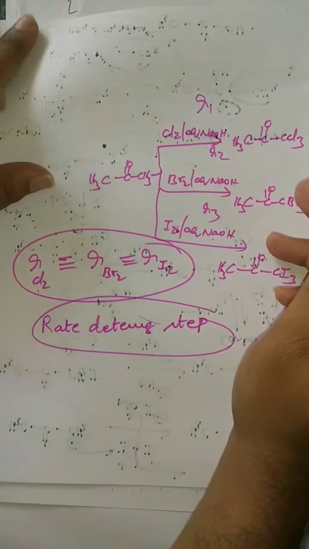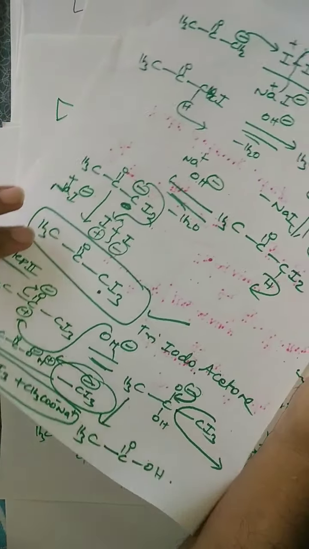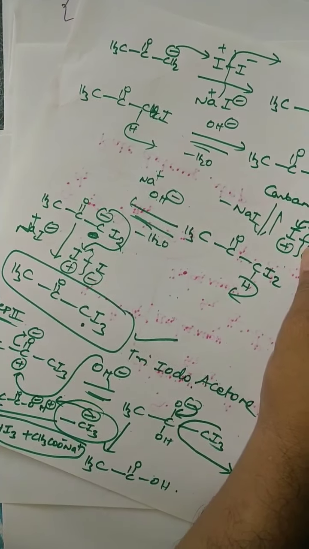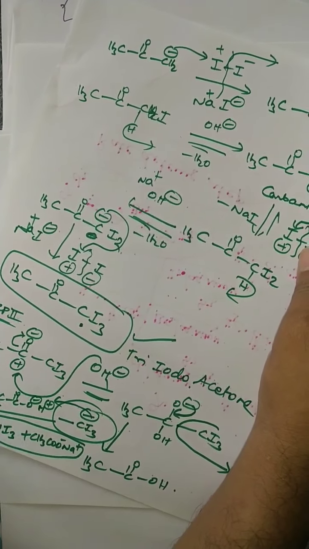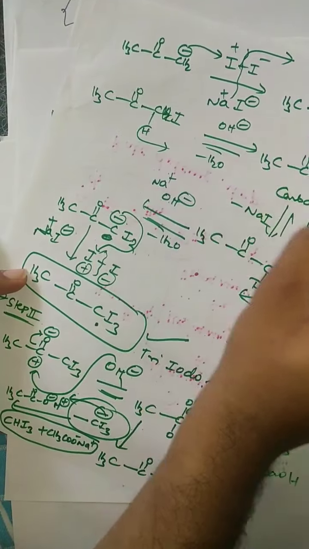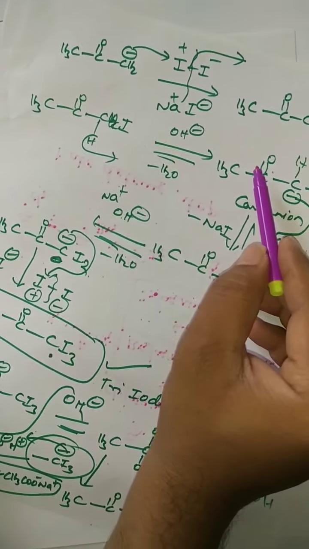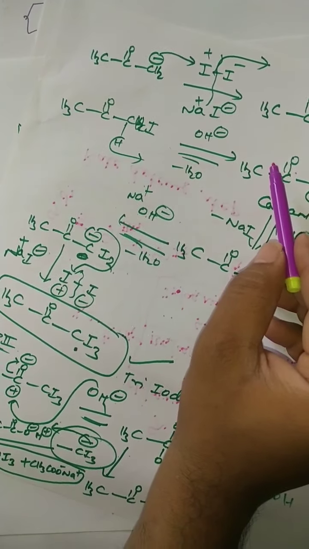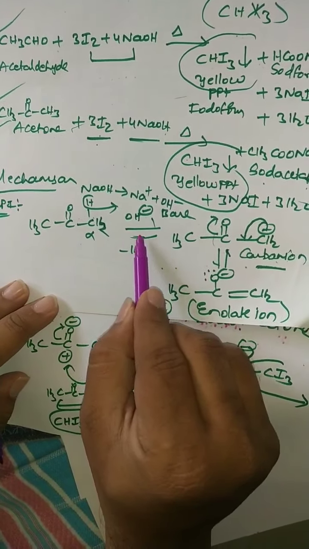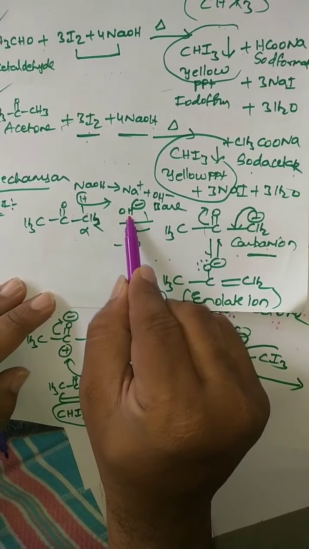If you observe the mechanism, what is the rate determining step? It is the first step, step 1. In the first step, nothing else is involved here, only the basic medium.